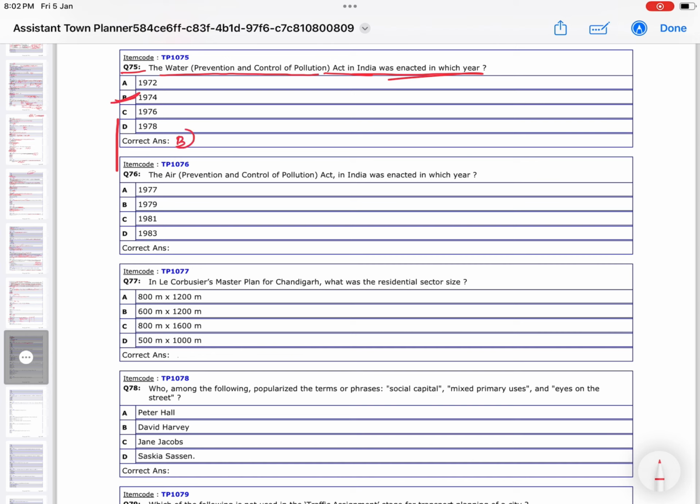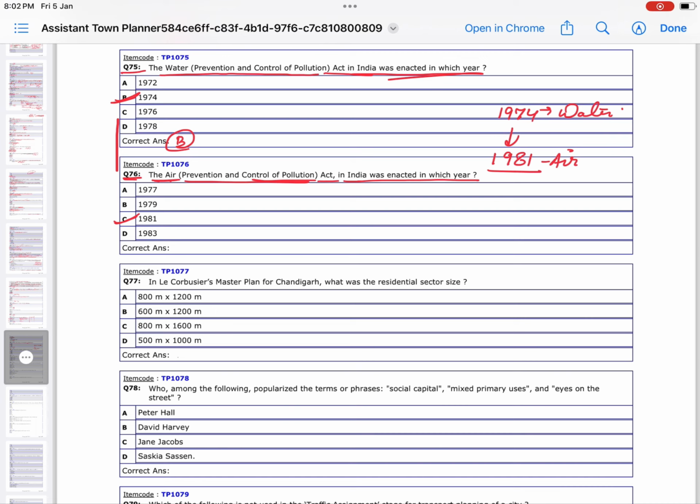It was enacted in 1974. Question number 76. The Air Prevention and Control of Pollution Act in India was enacted in which year? The Air one was enacted in 1981. So you have to remember water is 1974 and then came the Air, and this is water.